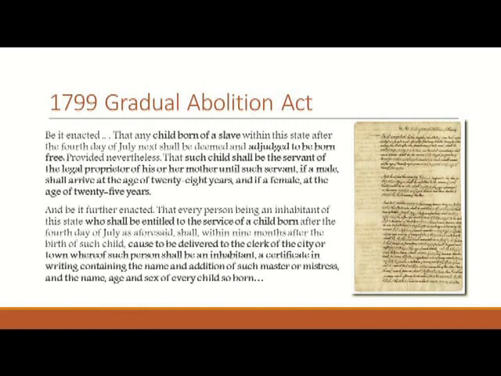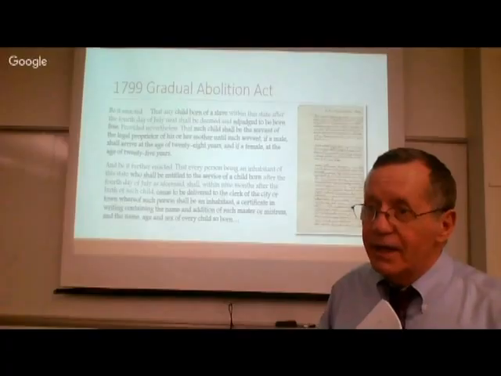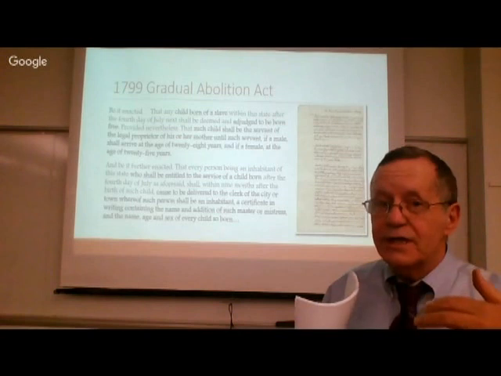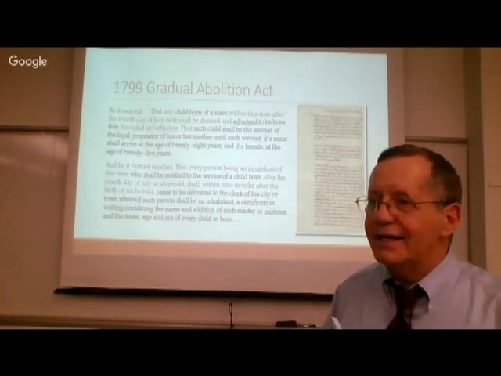John Jay tried to abolish slavery in the New York Constitution when it was being drafted in 1777. He got a group of people to propose that, and it didn't pass and wasn't in the Constitution.